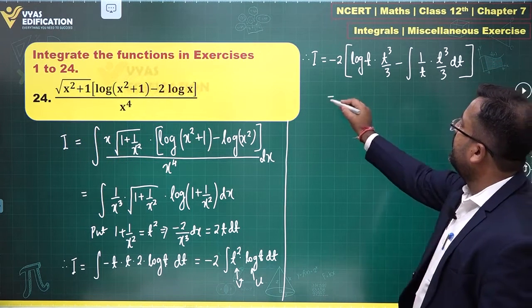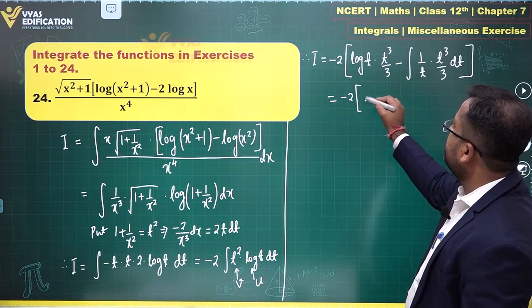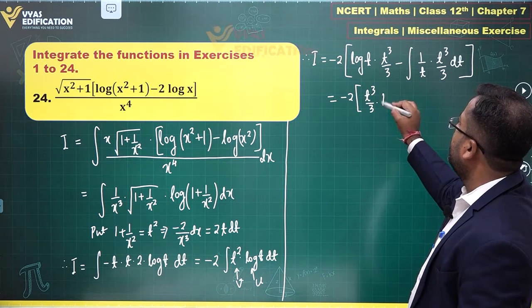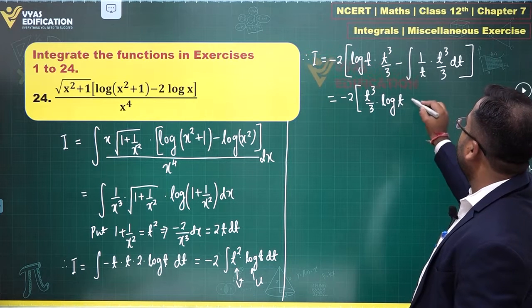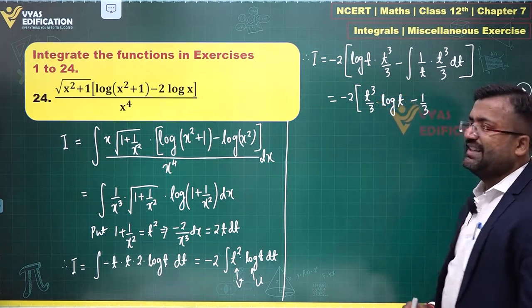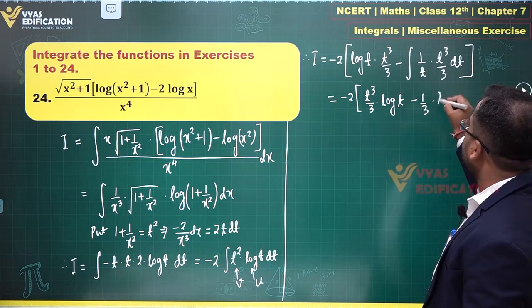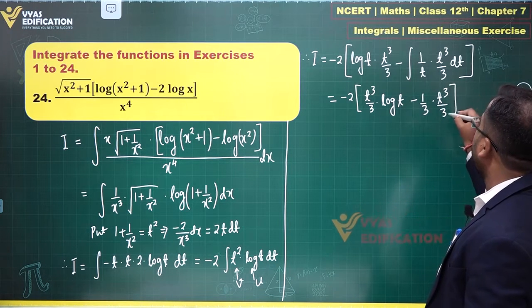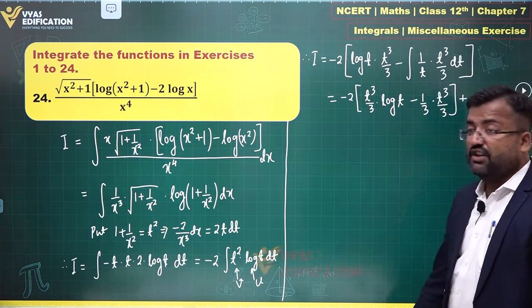This is what you get. Minus 2 remains as it is. This is t power 3 upon 3 log t minus 1 upon 3 t square. The integral of t square is t power 3 upon 3 in the bracket, plus constant of integration.